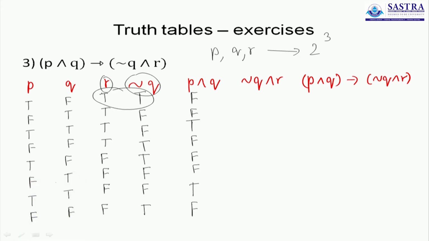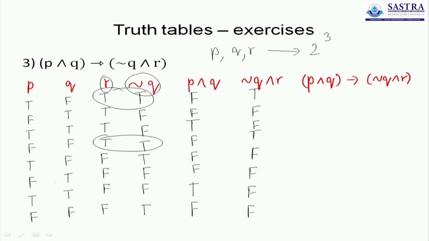Both R and negation Q are true together, and also row number 4, but they are not true in any other case. So only rows 1 and 4 return a true value, and it's false everywhere else.